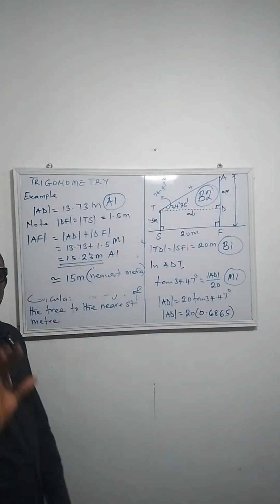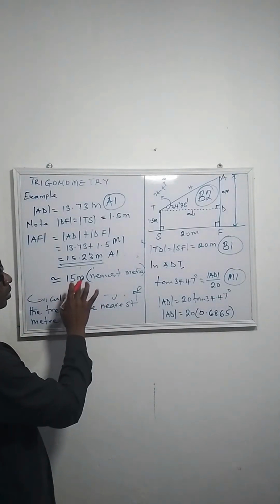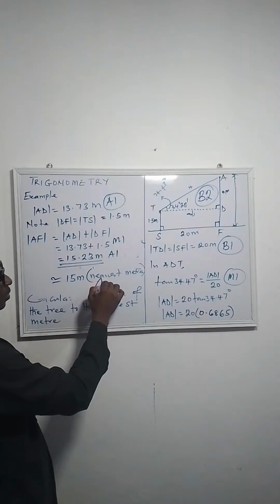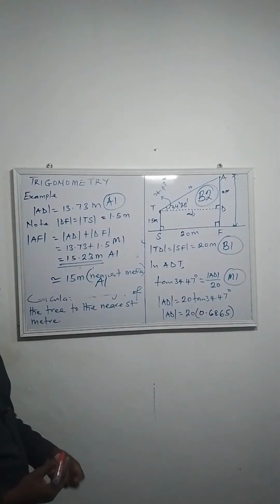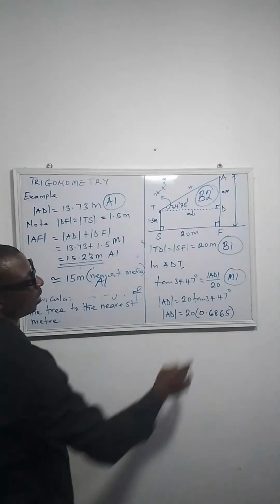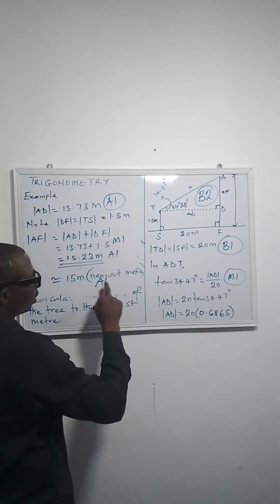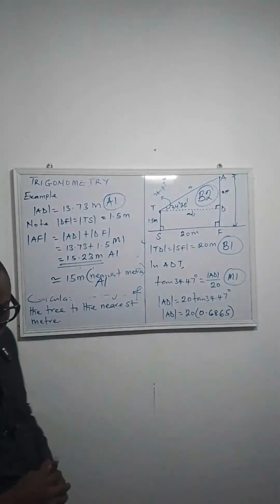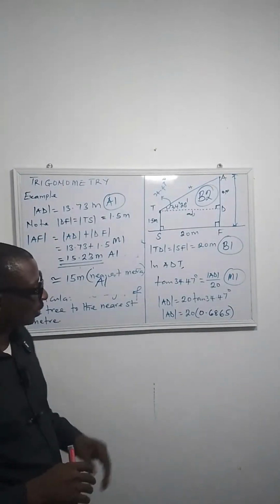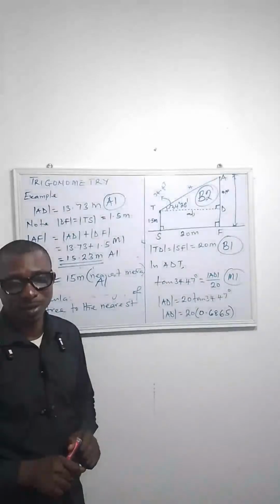And for getting the correct answer to the nearest meter, you have another accuracy mark, 1. So how many marks altogether? We have 3, 4, 5, 6, 7, 8. 8 marks altogether. That is how you are expected to solve this problem.